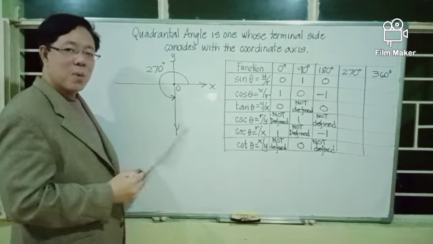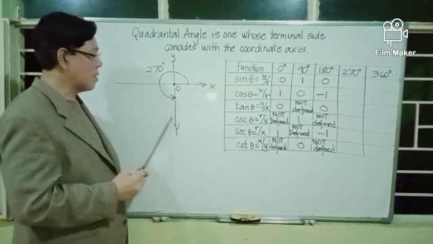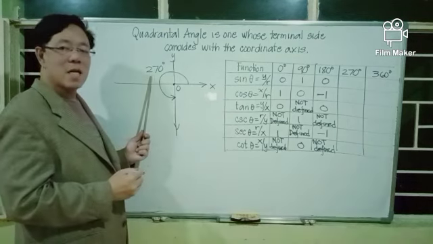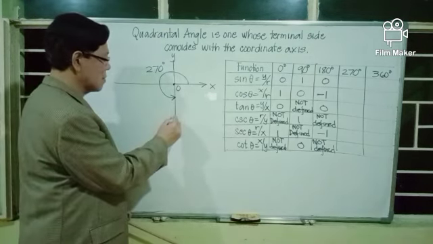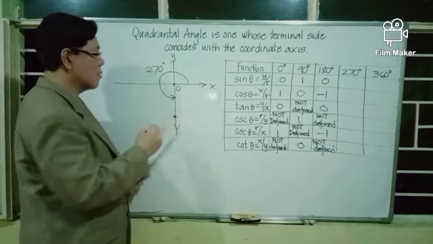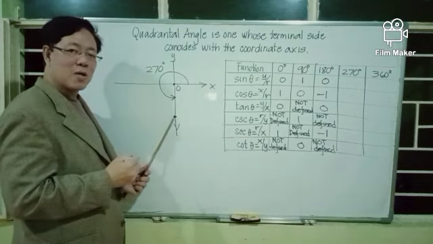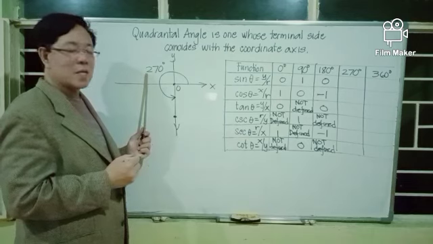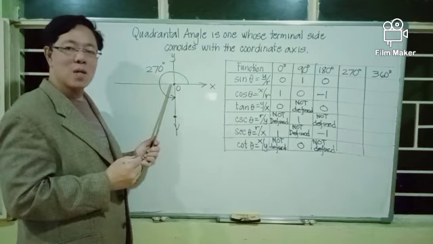And we take an arbitrary point on the terminal side of 270 degrees. And we let the distance of this point on the terminal side of 270 degrees from the origin be equal to 1.